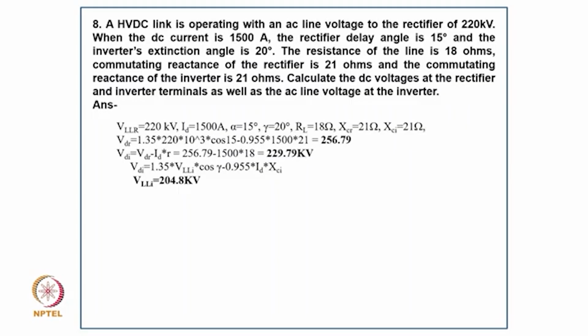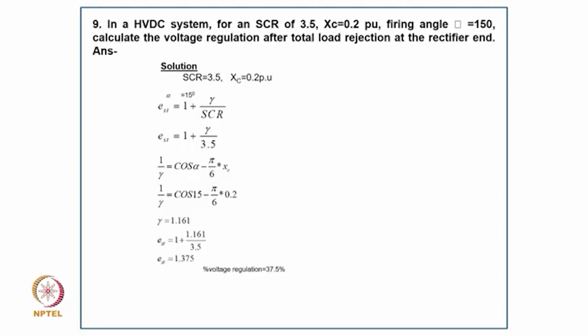So VLLR 220 kilovolt, ID 1500, alpha 15 degree, gamma 20 degree, RL 18, XCR 21, XCI 21. VDR equal to 1.35 into VLL into cos alpha, so it comes to 59.79 kilovolt, and VDI comes to 29.79 kilovolt, and from this we get VLLI 204.8 kV.